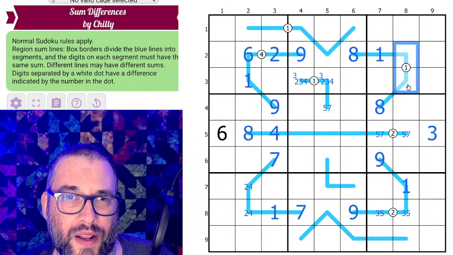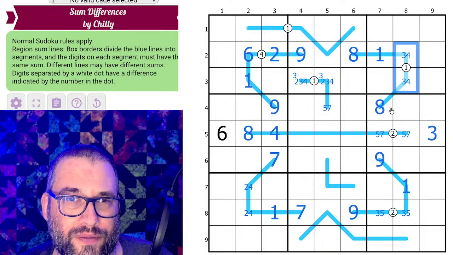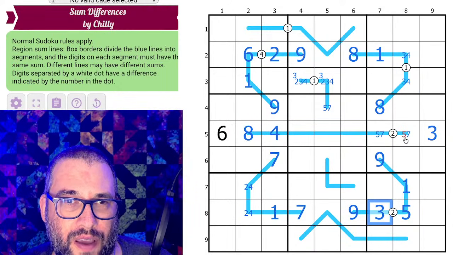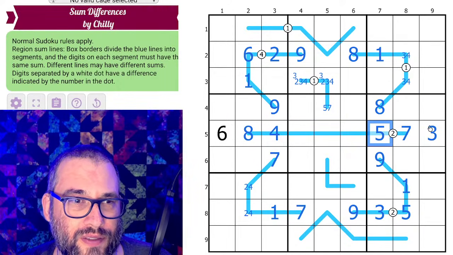This needs a 1. It has to go here. And now we have 3, 4 left over, which gives us 5 and 3, 7 and 5.